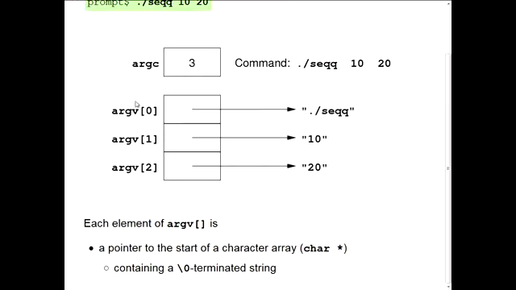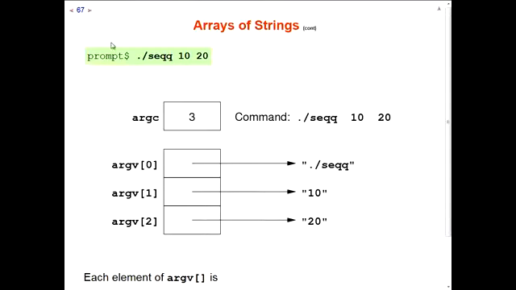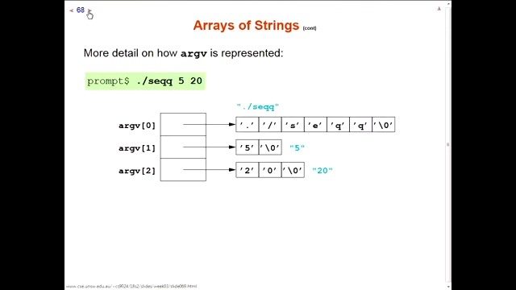And what you do have is an array that points to the 3 strings that are given as arguments here. So even numbers will be interpreted as strings, and they will be interpreted as 0 terminated strings as usual. The internal representation would be an array of pointers, and they point to these 3 strings.